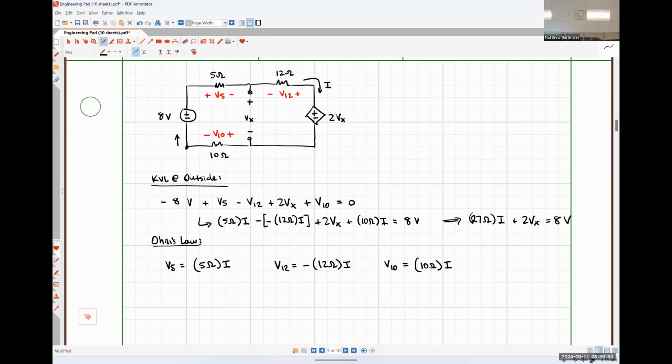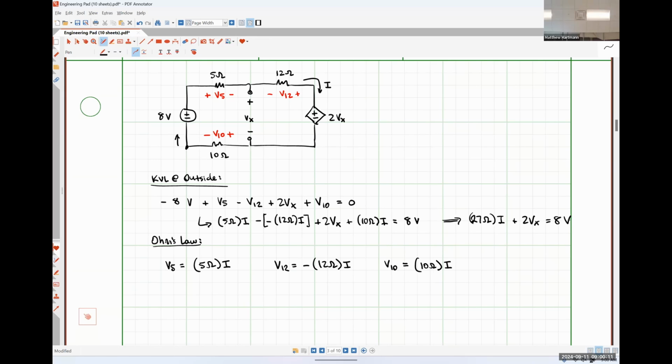So we could either write a KVL expression for the left-hand portion of the circuit, or we could write a KVL equation for the right-hand portion of the circuit. Which one would you guys prefer? So we'll do it for the left, but I think the right-hand portion would actually be better.